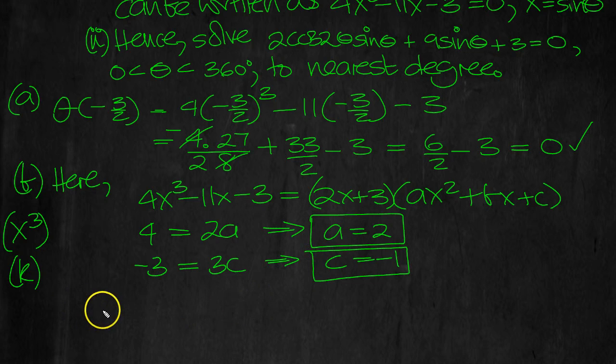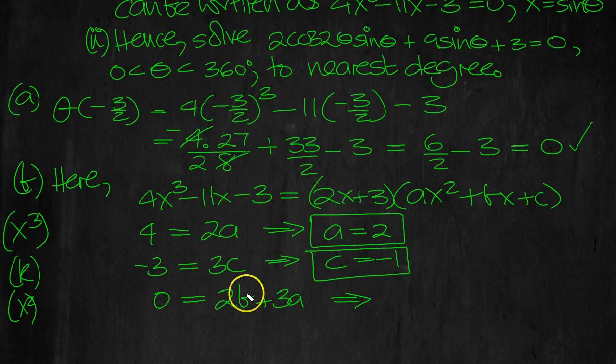Okay, that's the constant. Now we want to equate either x or x squared terms to get b. I'm going to equate the x squareds because there's 0 on this side, which is nice. And the x squareds come from 2b, and then plus 3a, isn't it? That's the only x squared terms from the expansion.